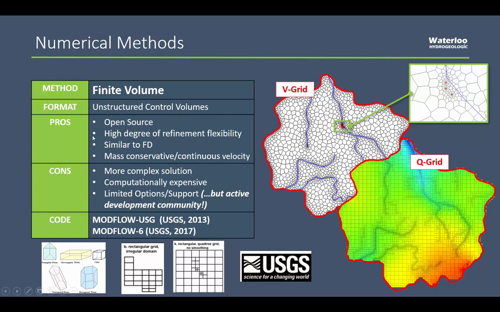The solution methodology is very similar to finite difference, so it's not extremely difficult to communicate with stakeholders. And it provides you with excellent grid refinement. So that's one of the major benefits of Visual MODFLOW Flex compared to Visual MODFLOW Classic, the ability to work with these new engines and new grid types.